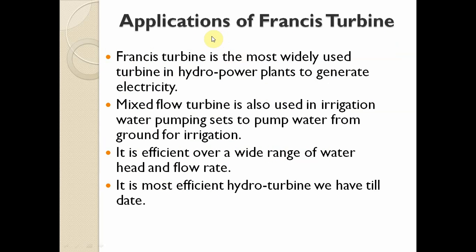So lastly, applications of the Francis turbine. First, the Francis turbine is the most widely used turbine in hydropower plants to generate electricity. Second point, the mixed flow turbine is also used in irrigation water pump sets to pump water from the ground for irrigation.